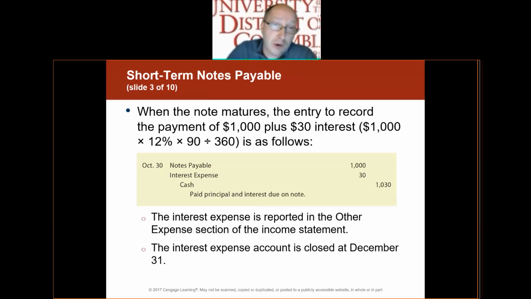The entry to record the payment plus the interest is the following. We debit notes payable, okay, to reduce the notes payable, $1,000. We debit interest expense to increase our interest expense $30.